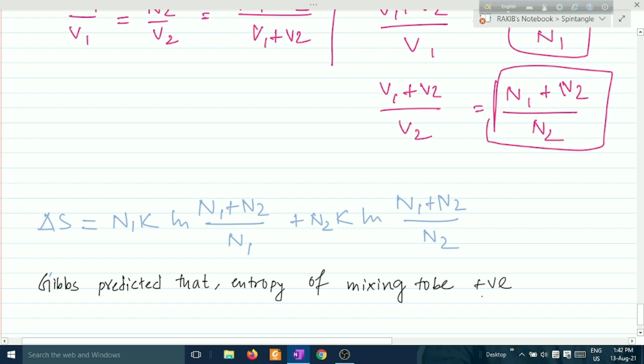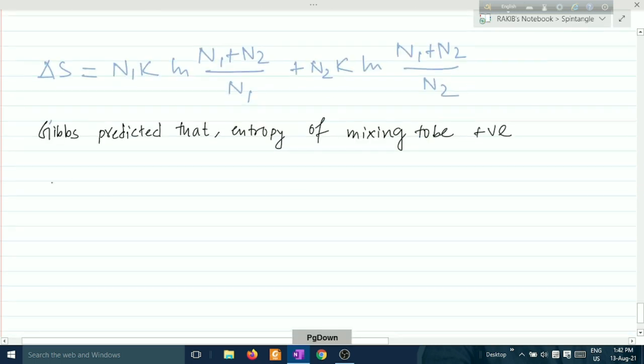As you can see, these are also positive terms, and as expected, it is positive.